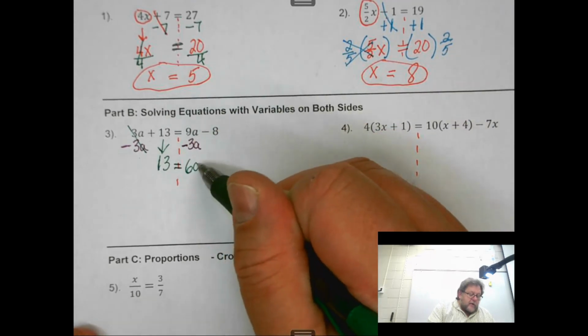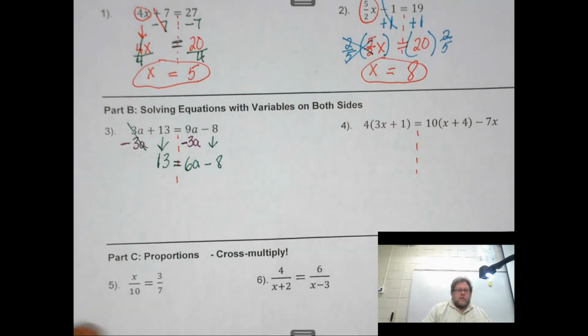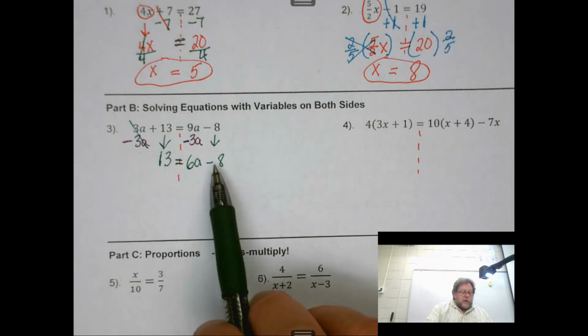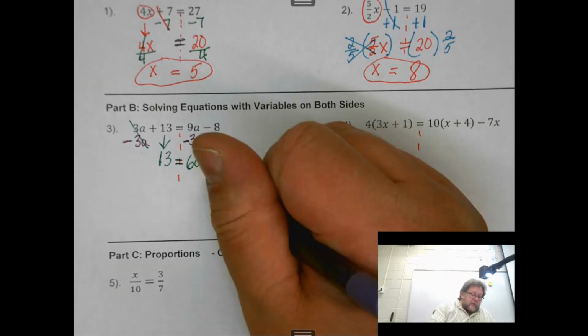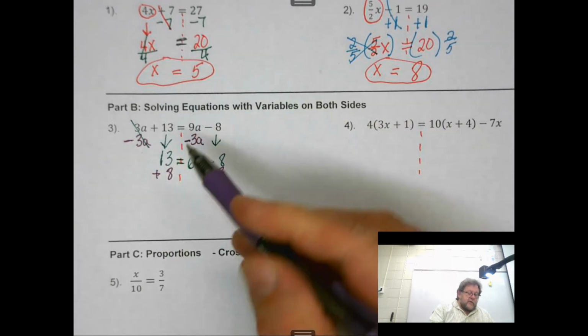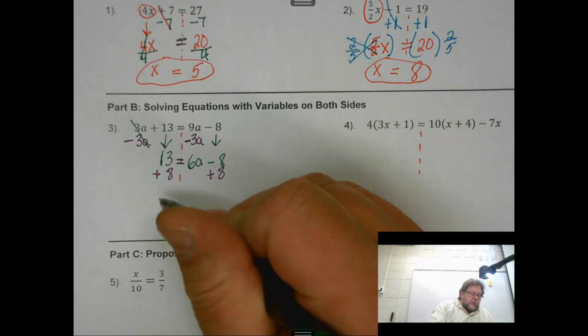Now, I'm almost there getting the variable term by itself on one side. I have to undo the minus 8. I'm going to add 8 to both sides. See how that dotted line helps me? So I get 21 equals 6a. These cancel, the 0, don't need the 0.